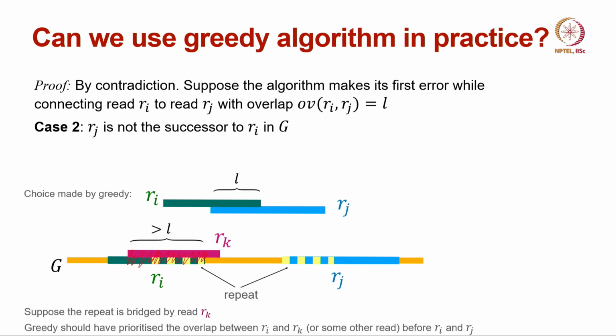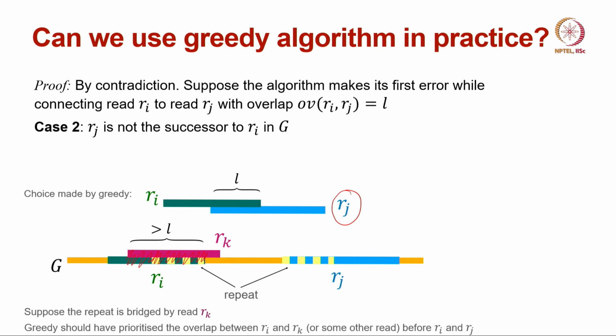The greedy algorithm should not have picked Rj. Because of this argument we again see a contradiction, that is, why would the greedy algorithm pick Ri and Rj first, and as a result we arrive at a contradiction for case 2 as well.